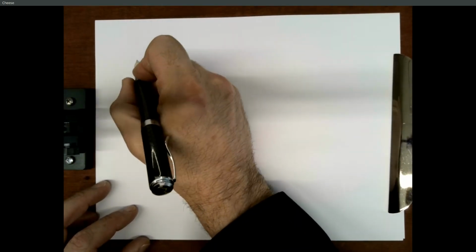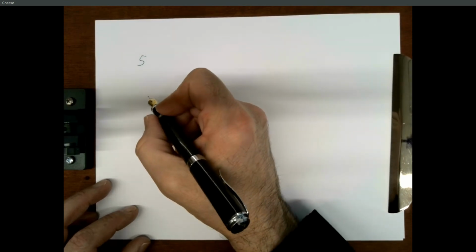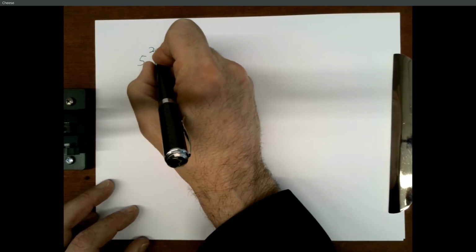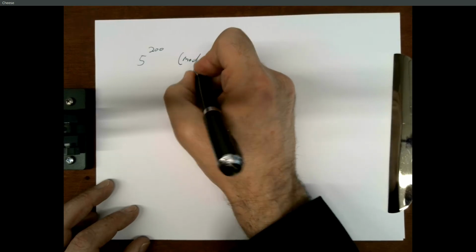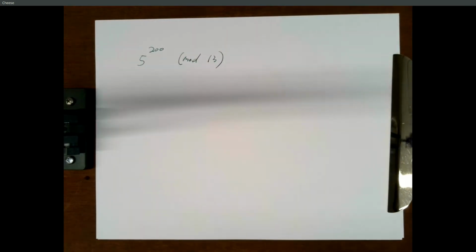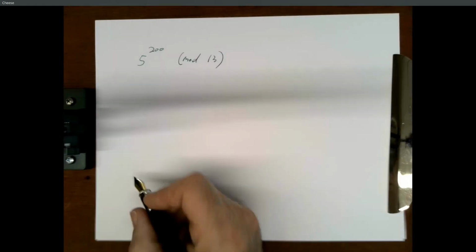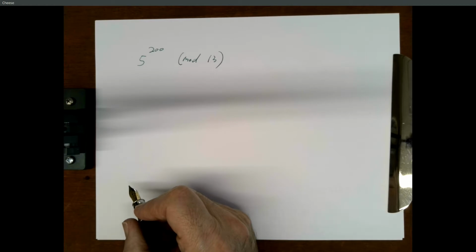So I don't know, pick some numbers. So 5 raised to the 200th modulo 13. This is going to be a bad one, I can tell. So we need to do two things. We need to write 200 as a sum of powers of 2.